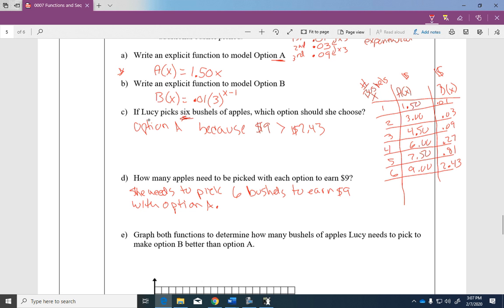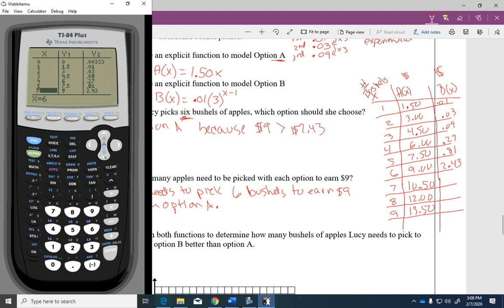And how much does she need to pick with option B to get to $9? So next is $7.29.